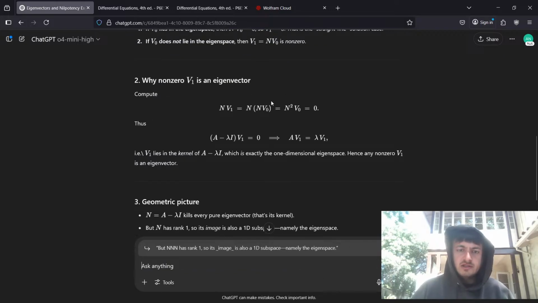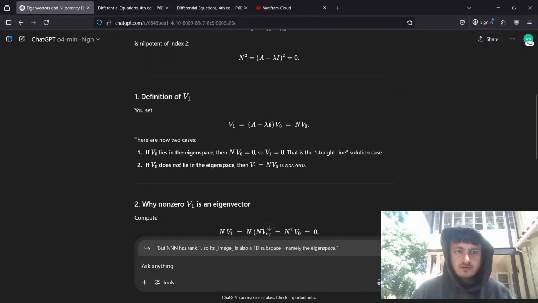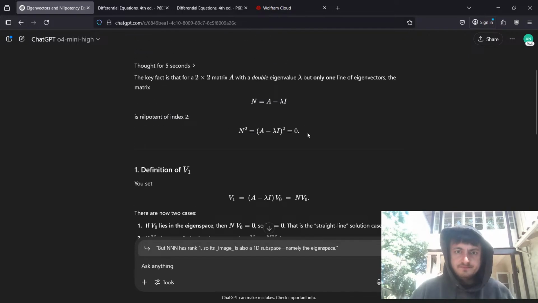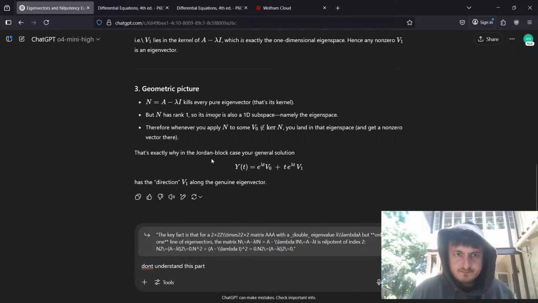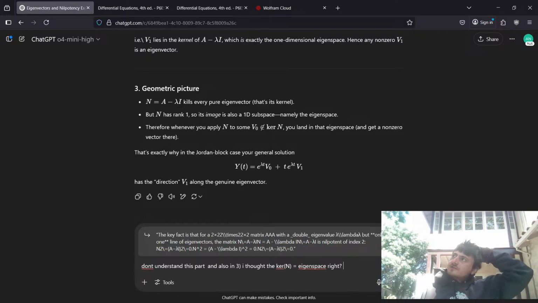Wait, let's just say I don't understand this part of it. The kernel of N should be the eigenspace, right? Because you're trying to find vectors that equal 0.